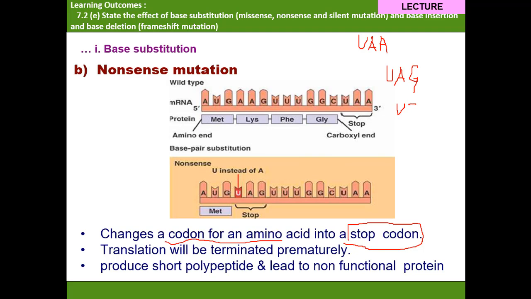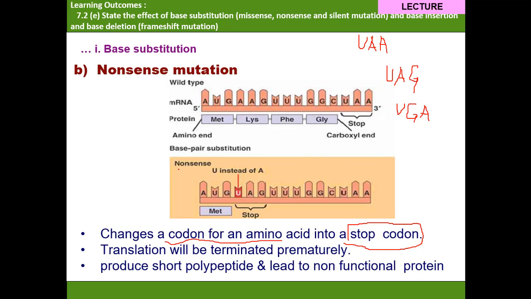So these are stop codons. A stop codon will cause translation to be terminated.